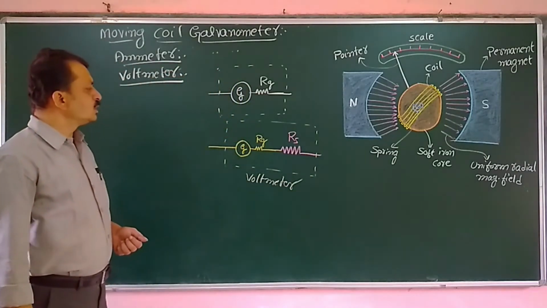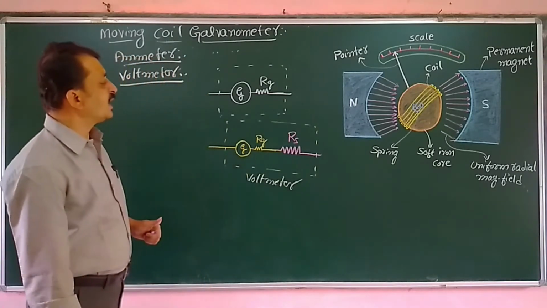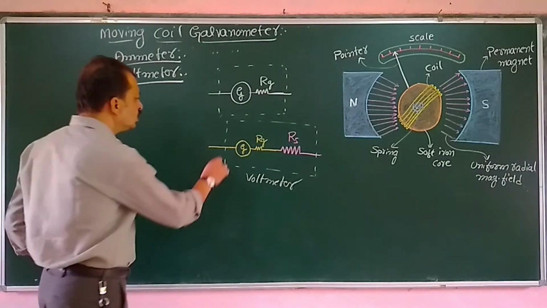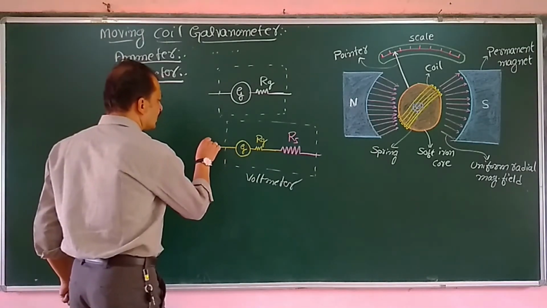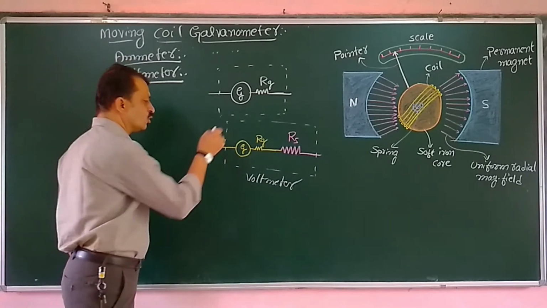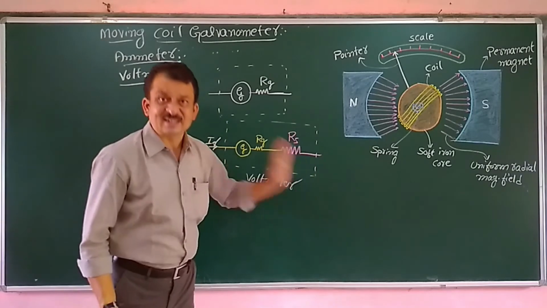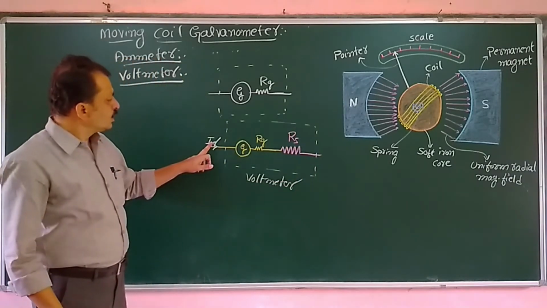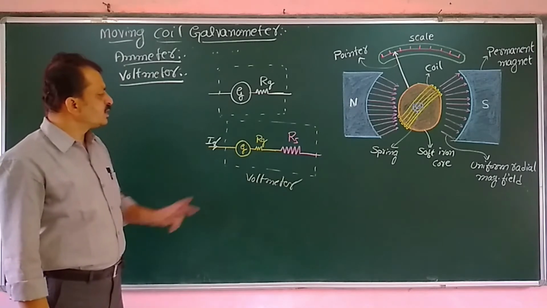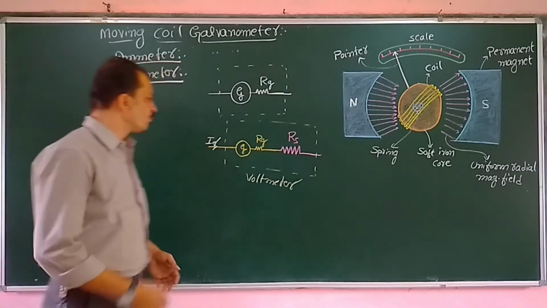Now what is the expression for RS, the series high resistance that we are going to work out? Since the current Ig, the full scale deflection current, is flowing through the galvanometer and the circuit is in series, it flows through the series resistor also.